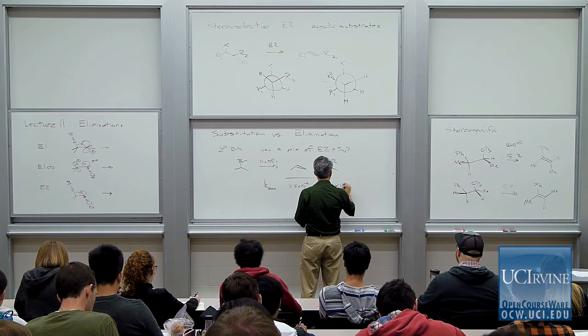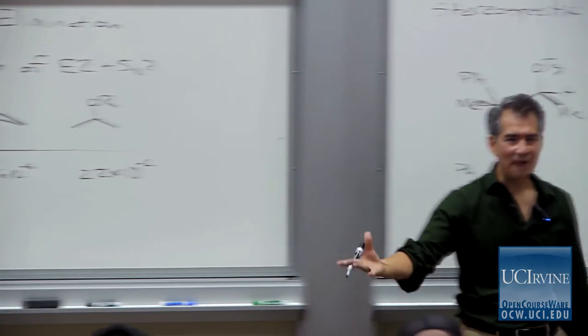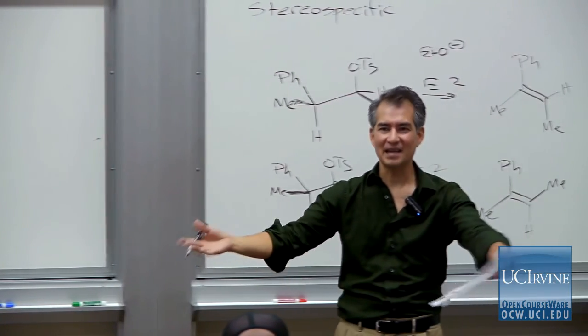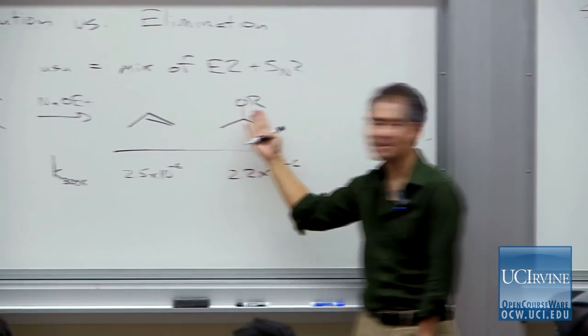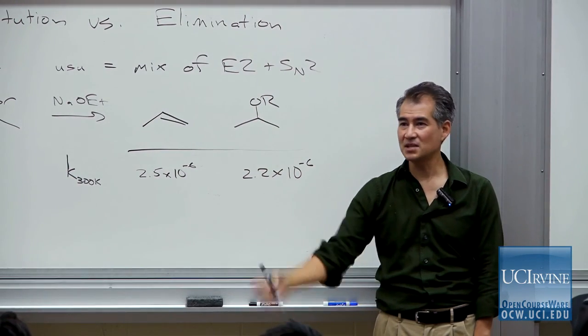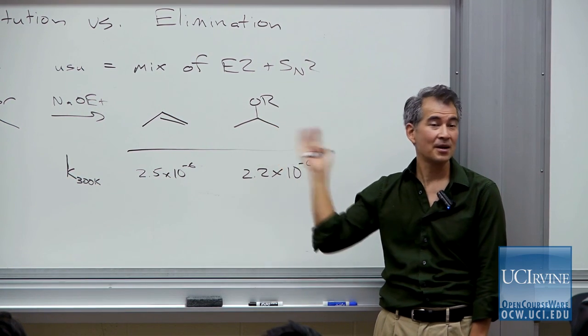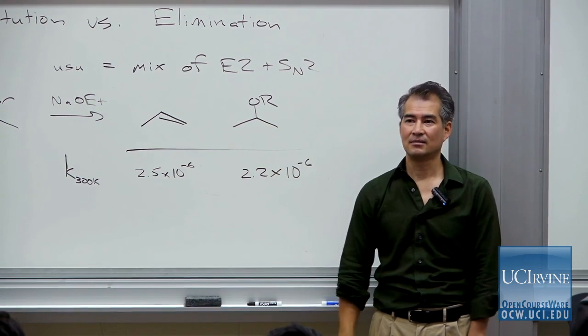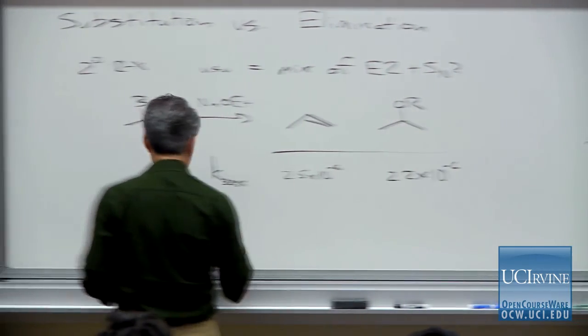And when I draw this out, the important point here is those are pretty similar. Right? That's about the same. It means you're going to get about a 1-to-1 mixture of elimination and substitution reactions. So if you've designed your total synthesis of your natural product to rely on this as your final step, you're going to get screwed. Well, unless you want mixtures of two different things. I can't think of why that would be good.